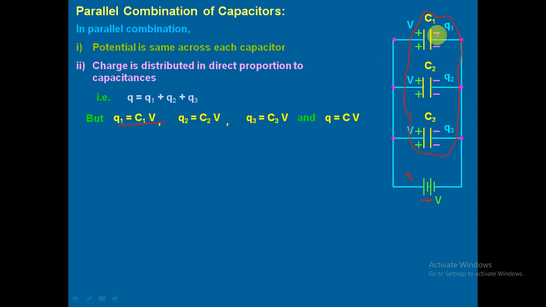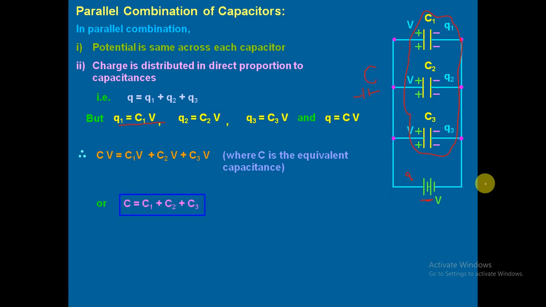Net means this parallel combination of the capacitances is considered as a single capacitance whose capacitance is C. So substituting the values of Q1, Q2, Q3 and Q in the first equation, you will get the equivalent capacitance of the parallel combination of the capacitors. So in this case, the net capacitance is the sum of the individual capacitances. Simply, all capacitances will get added when they are connected in parallel.